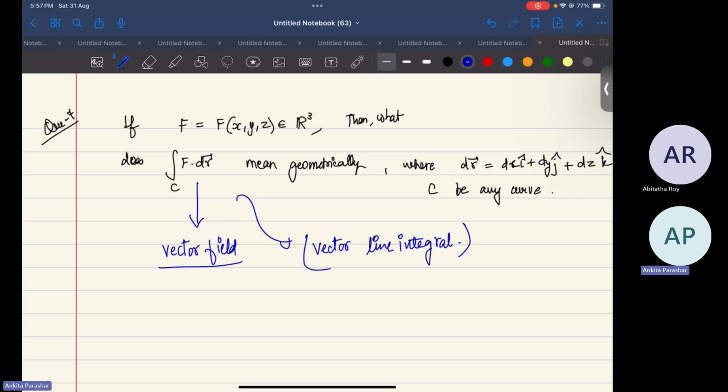Okay, can you relate that thing which we discussed, a certain kind of work done, with what we are writing here, a vector line integral? So now, if I ask you, what is the geometric meaning?